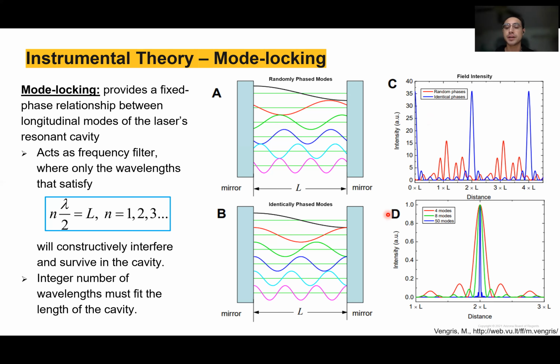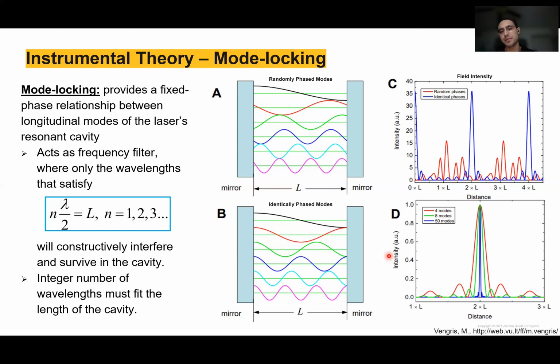And so when you lock in the phases, this ends up creating a much shorter bandwidth. And so here in panel D, you can see that as you add more and more modes that are locked, you end up creating a tighter bandwidth.